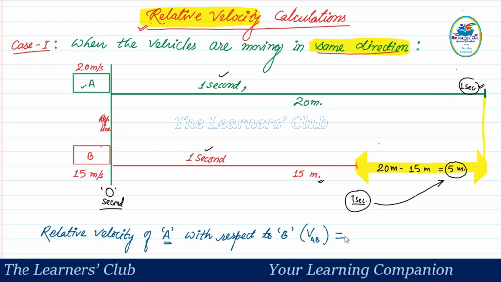This is equal to, we got this difference by subtracting their distances traveled. That's why what you need to write is VA minus VB.